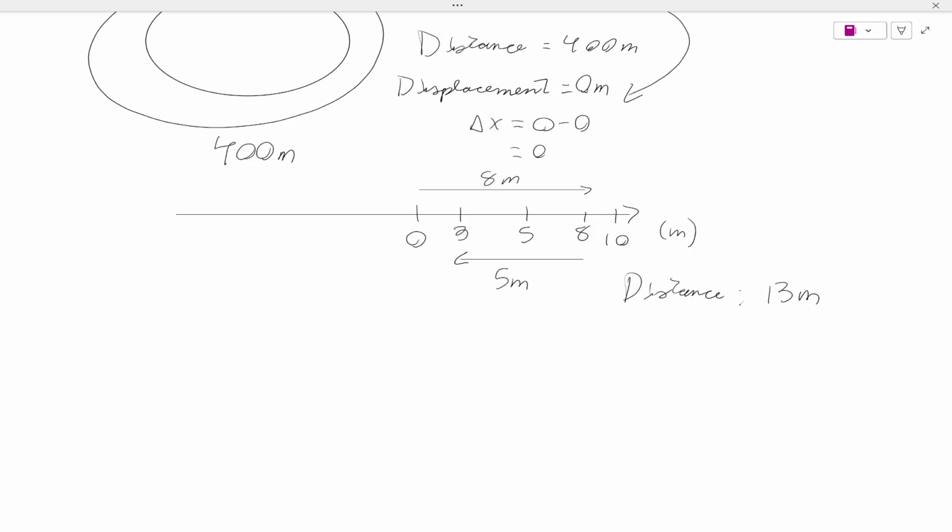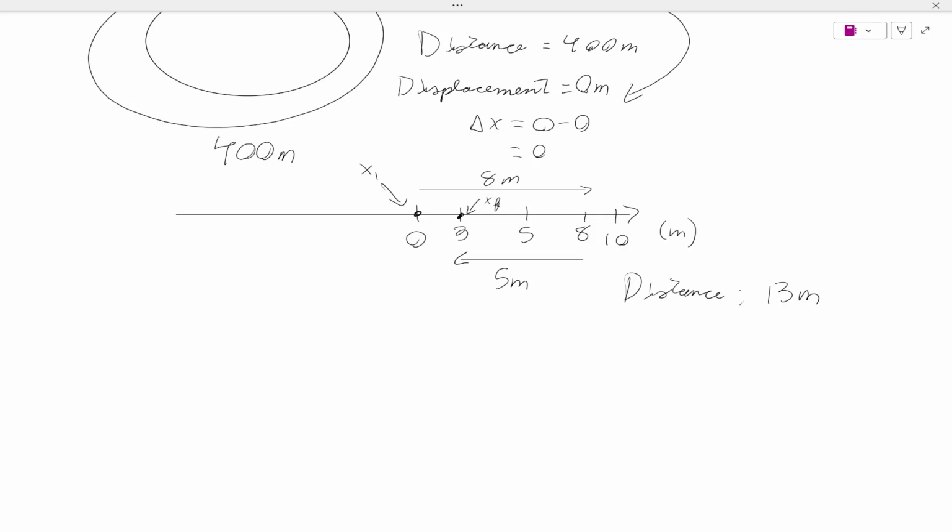But what was my displacement? Where did I start? I started here, didn't I? This was my x initial, my position. But where did I end up? Oh right, I ended up here at 3 meters, where my favorite ice cream was. This was my x final.